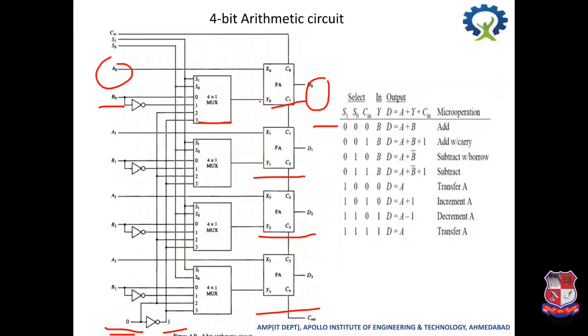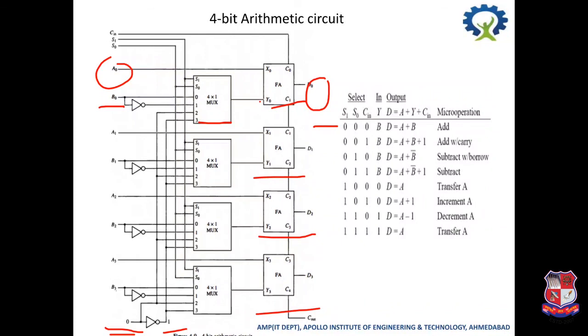Whenever both selection lines are input as 1 1, the third line will be selected from the multiplexer. On the third line our input is 1, so at that time D is equal to A minus 1. Whenever our carry input is 0, D is equal to A minus 1, meaning the decrement operation will be performed.